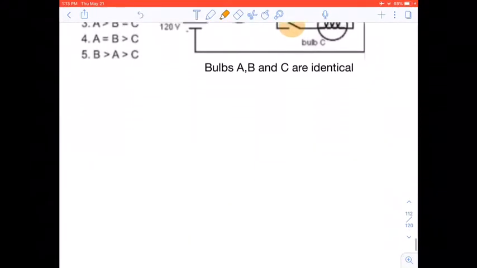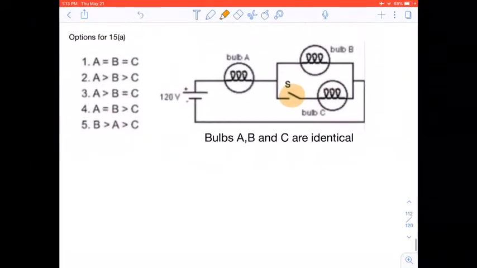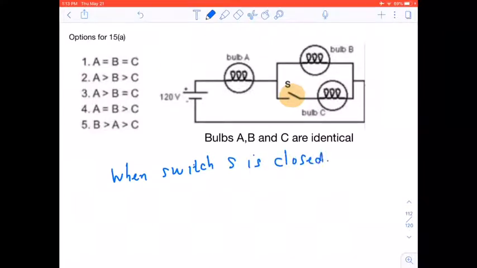Okay, so we can now look at this, and let's say when switch S is closed. What we do know is, if switch S is closed and current goes there, it's going to split there and it's going to split here, right?